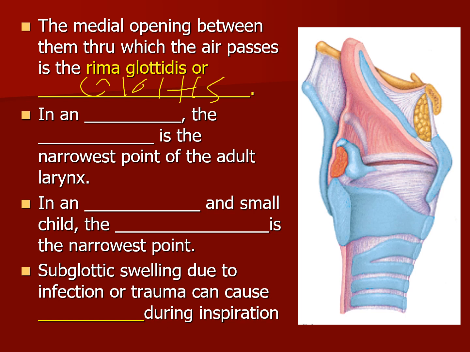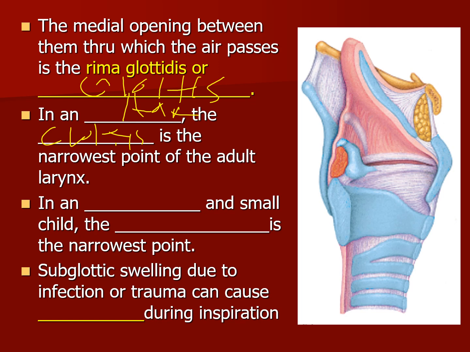In an adult, so in a big person, A-D-U-L-T. In an adult, the glottis is the narrowest part of the larynx, right? That is the hardest part to get a tube to pass through if we're intubating.